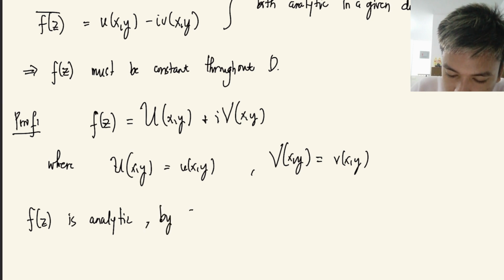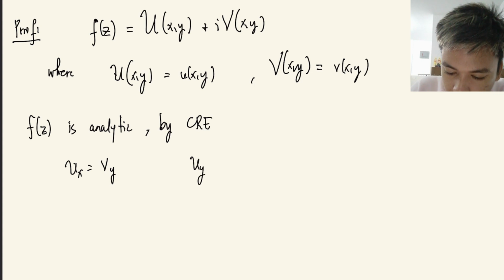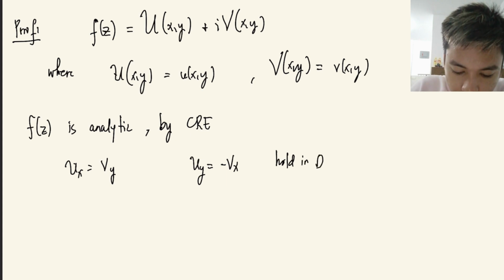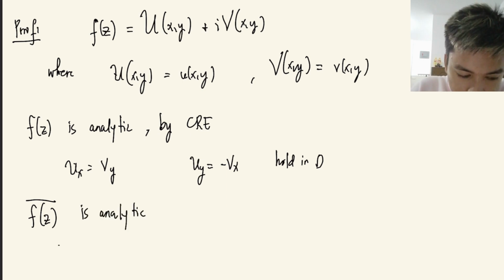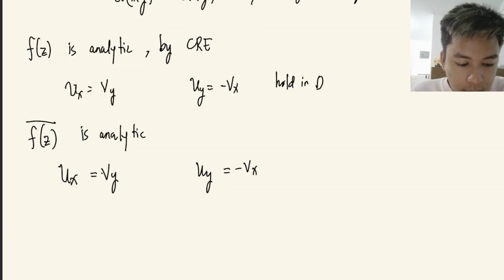Then by the CRE, what does it mean? u sub x is equal to v sub y, and u sub y is equal to negative v sub x. That holds in D. So f bar of z, the conjugate, is also analytic. So this means that u sub x equals negative v sub y and u sub y equals v sub x.